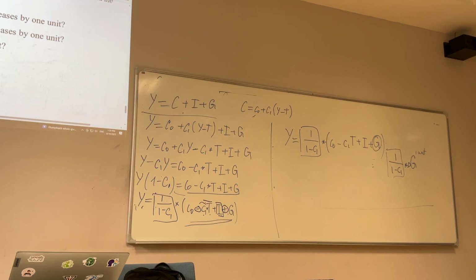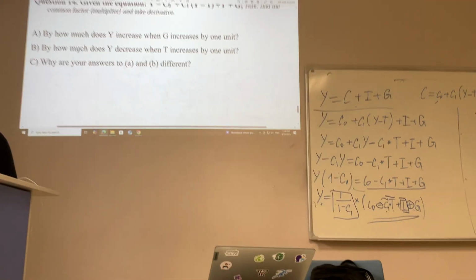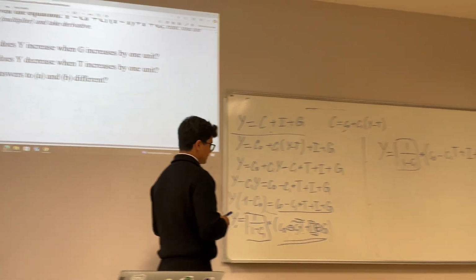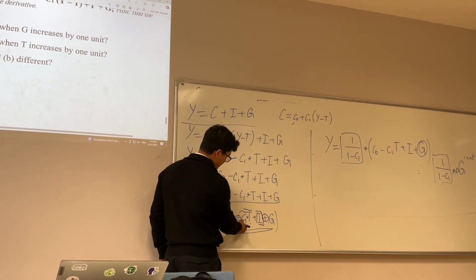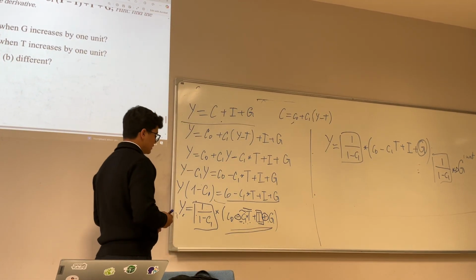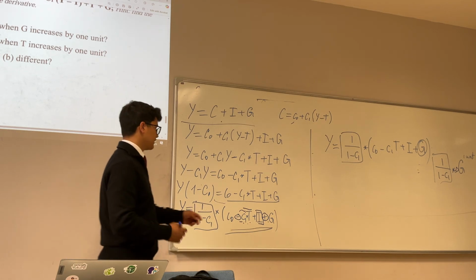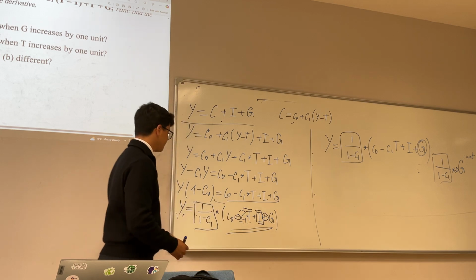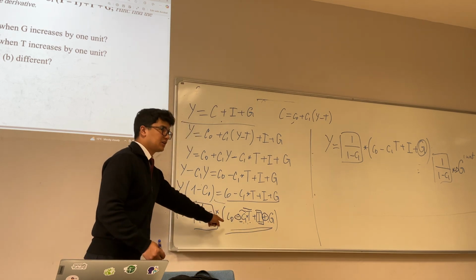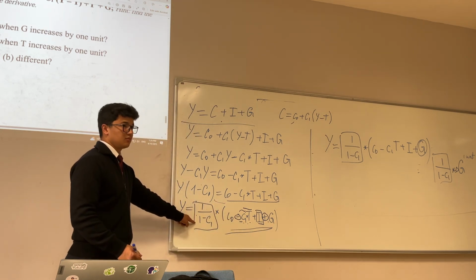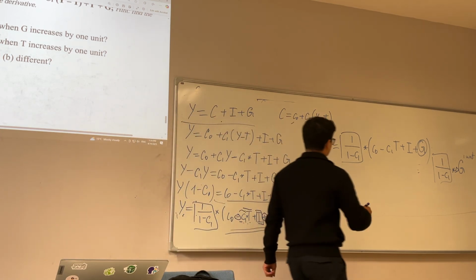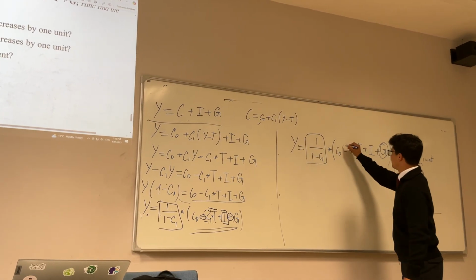By how much does Y decrease when T is increased by 1 unit? Now that's negative. In order to find this one, it will be minus C1 multiplied by the multiplier.